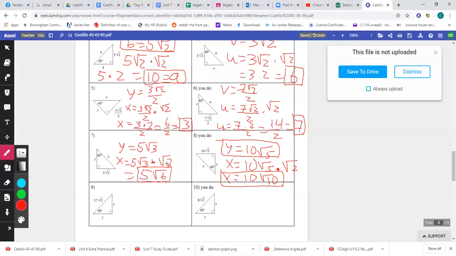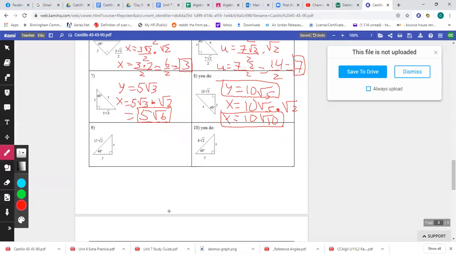Okay, look at number 9. You should already know what x and y should be. You don't need to do a lot of work here. Because remember, when we made the table from the 4, if this was 17 root 2, you automatically knew this was 17 and 17, right?